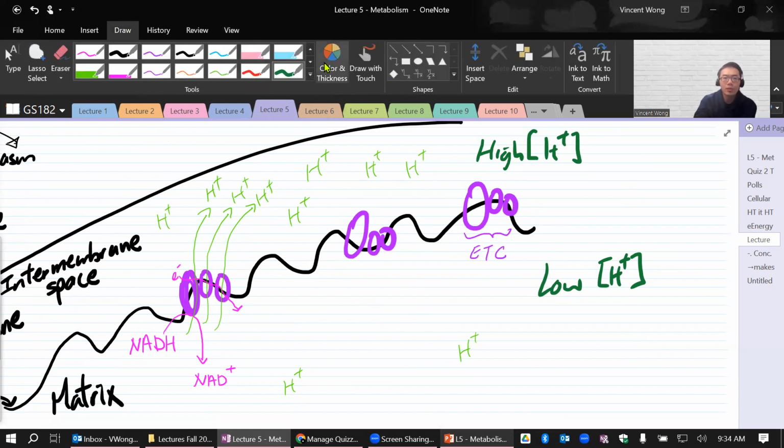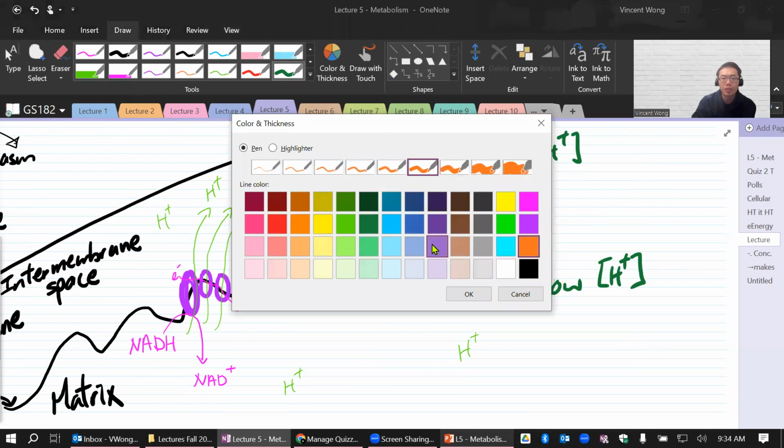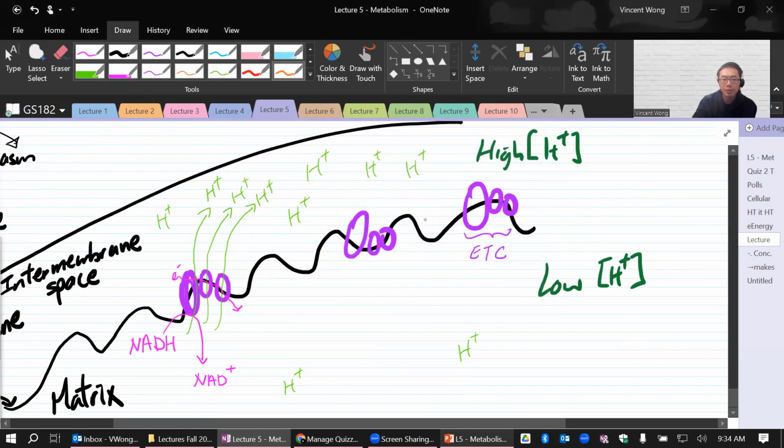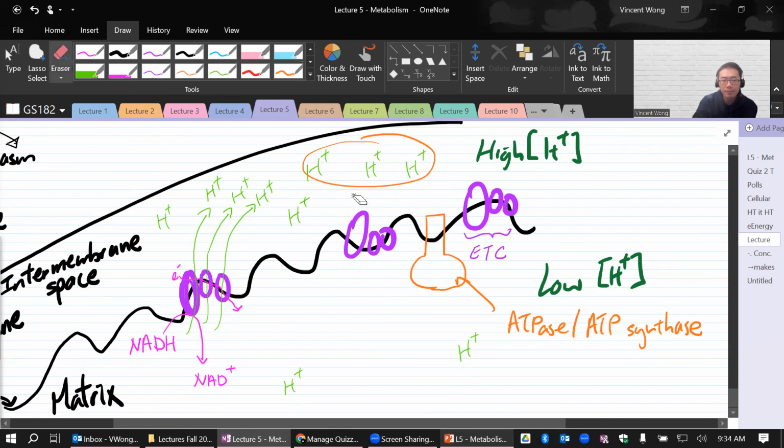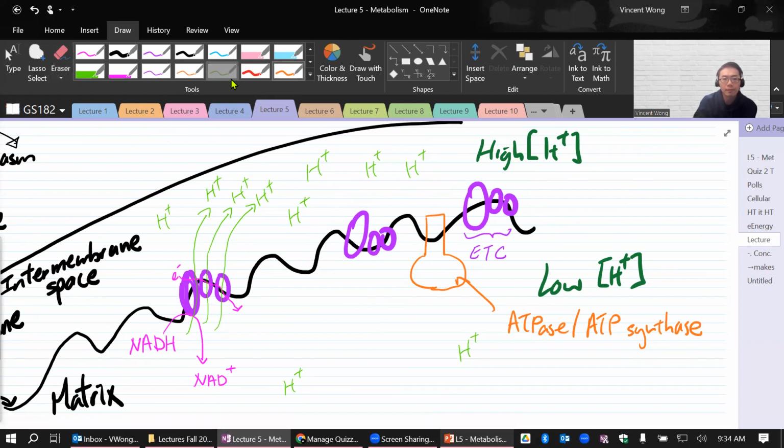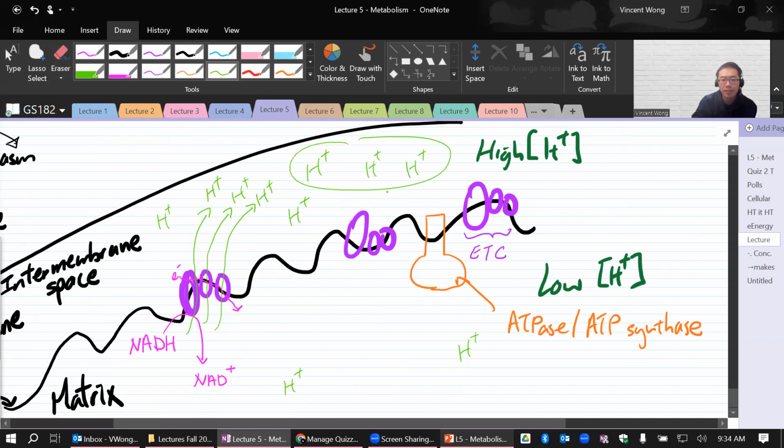So the only way to come back in is through a special protein. There is a special protein that looks like a doorknob, and this is called the ATPase or ATP synthase. And that allows these H+ to go back in like that.